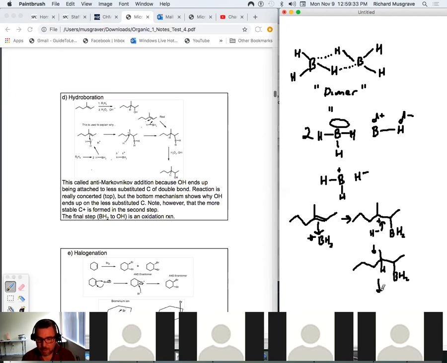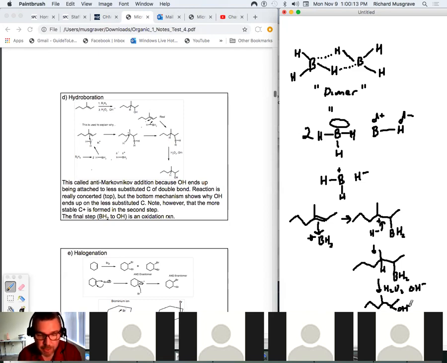Then we can treat this with H2O2 and OH minus, which is not something I really want you to worry about too much as to exactly how that's working. Which leads us to that BH2 being replaced with an OH. And so it appears that the OH ends up on the less substituted of the two carbons, which it does. It's not how it appears, it does. But it's the opposite to what happened when we dealt with hydration in the previous example.